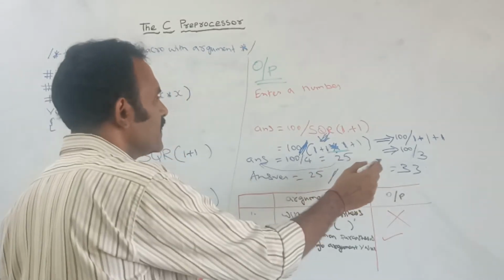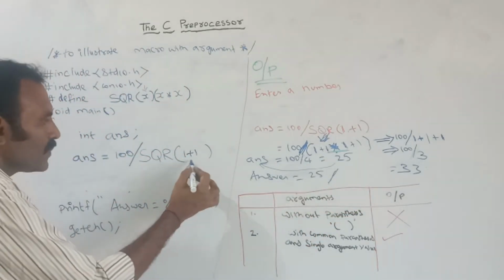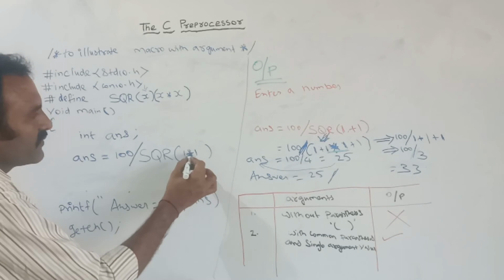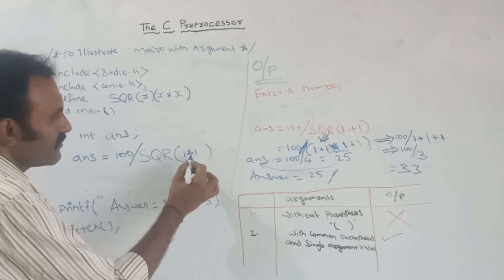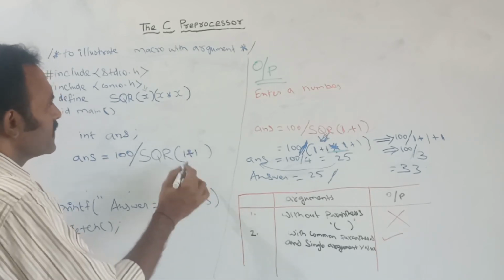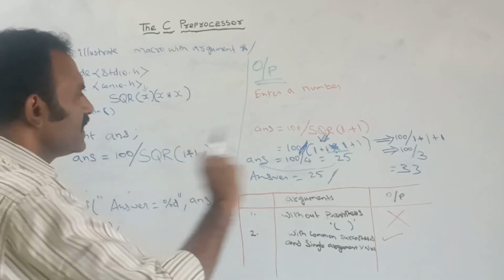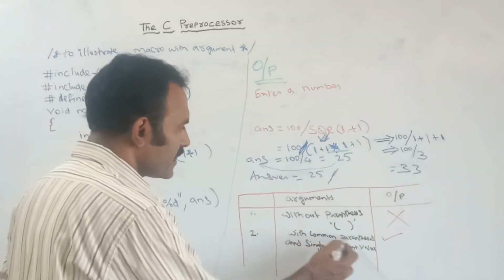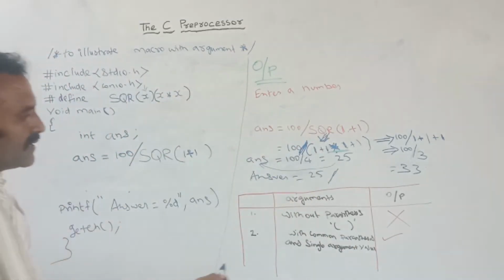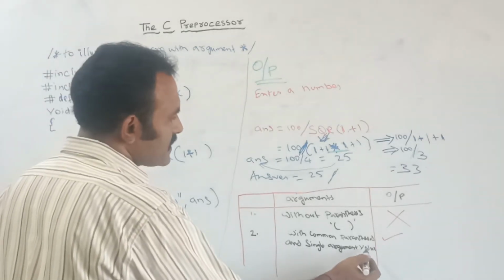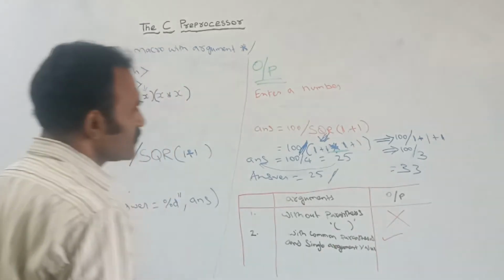This is right. But if you are giving an expression like 1 plus 1 with an arithmetic operator, passing two values like this, then here also the error will occur. So with the common parenthesis, if it is a single argument value, there is no problem.